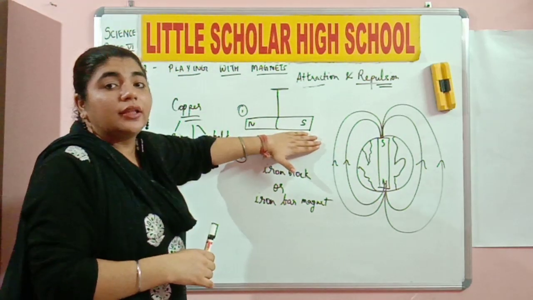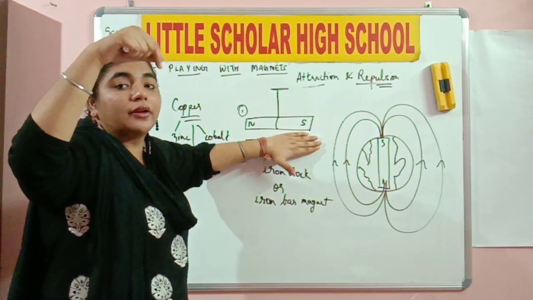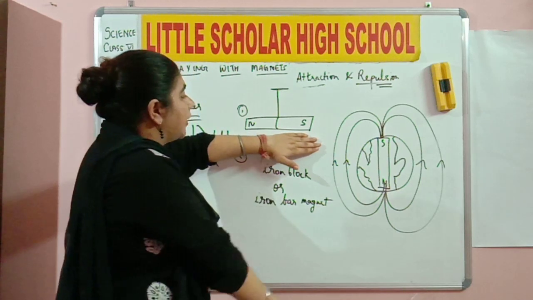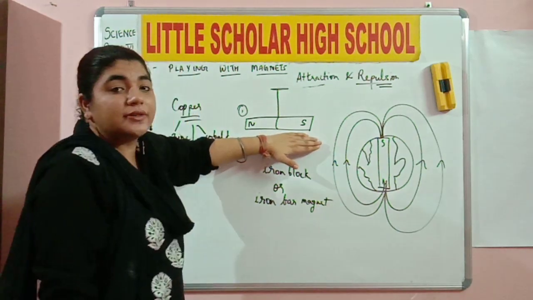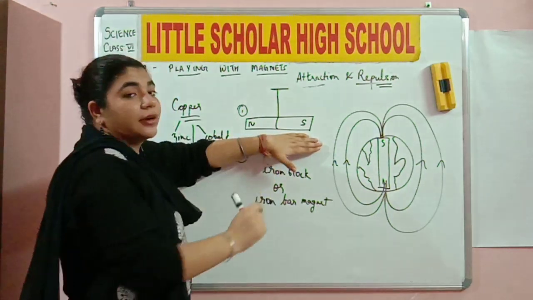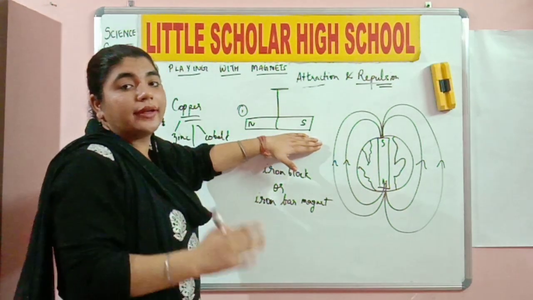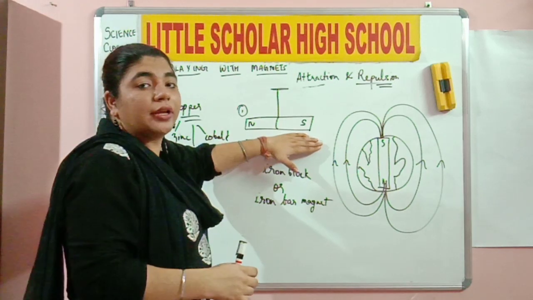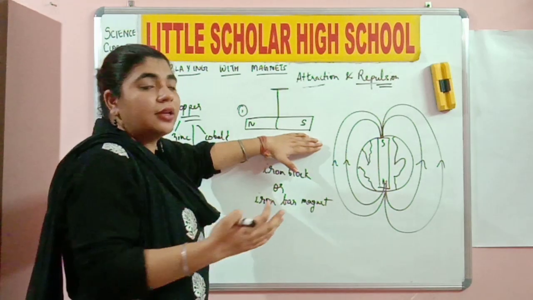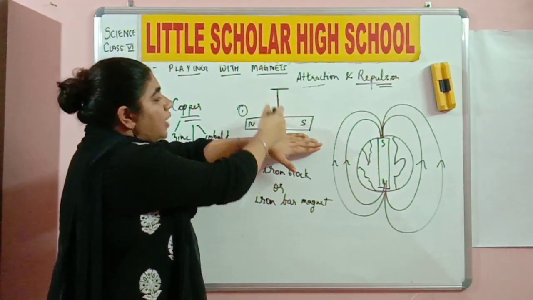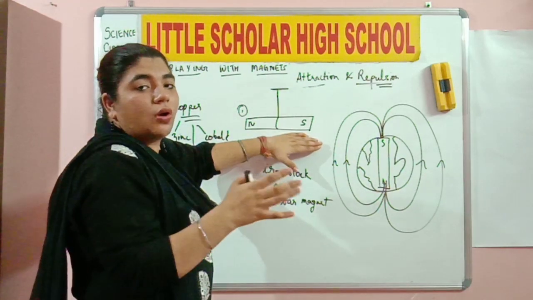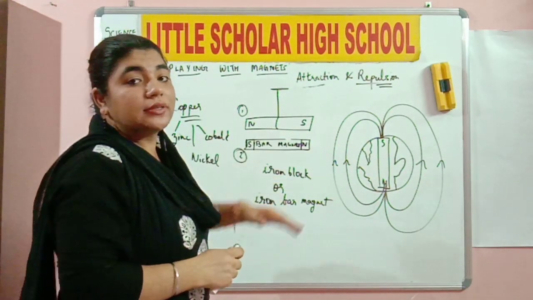Why do you think that when I suspend a bar magnet from a certain point, even though I have no iron materials or no magnetic materials present with me right now, this particular bar magnet is still coming to rest in the north-south direction? Why do you think this is happening? There must be a certain invisible force that is forcing this particular magnet, which is tied to a thread and fixed from a point, to come to rest in a north-south direction. Why do you think this is happening?